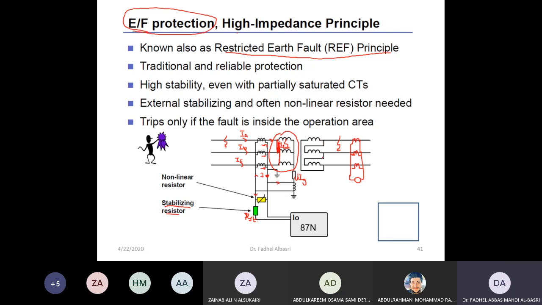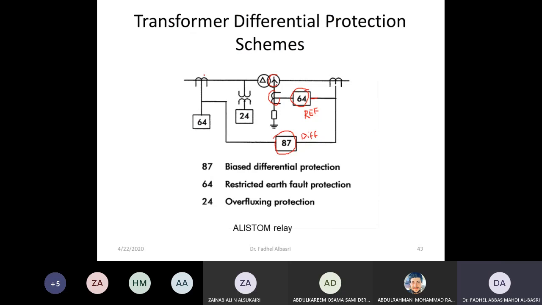Ground faults in the delta. So this is only restricted to this side. It will not detect any fault when it's at the star side. And this is also restricted earth fault, but dedicated for the delta side. Normally different CTs will be used for this one.